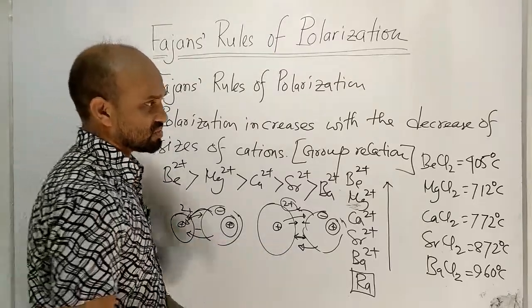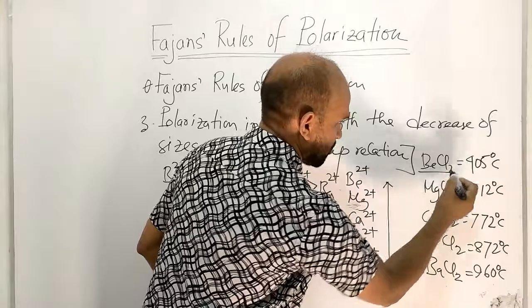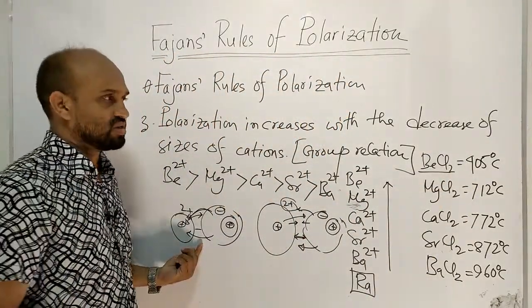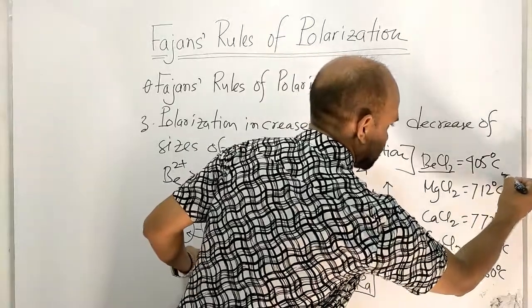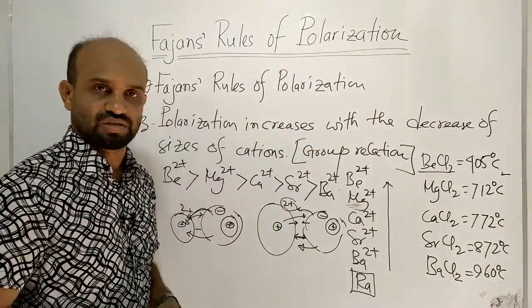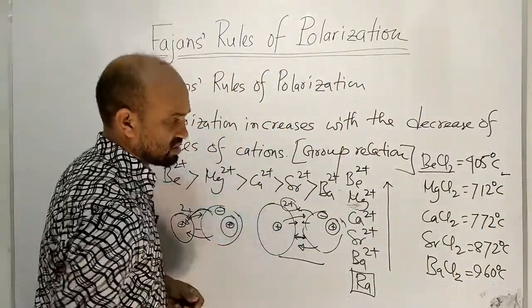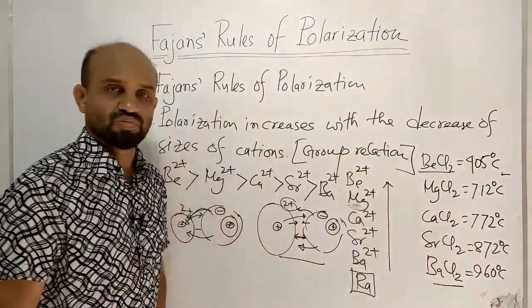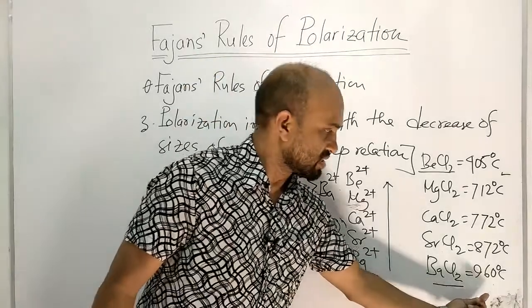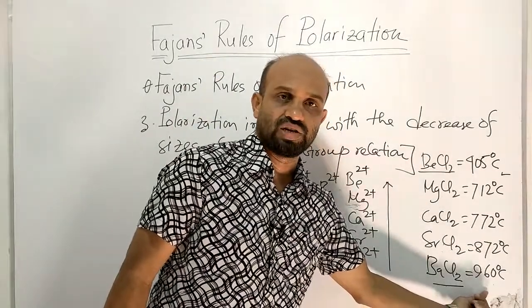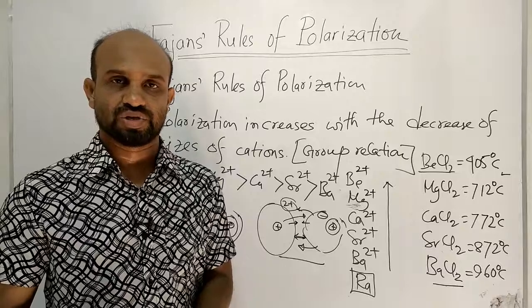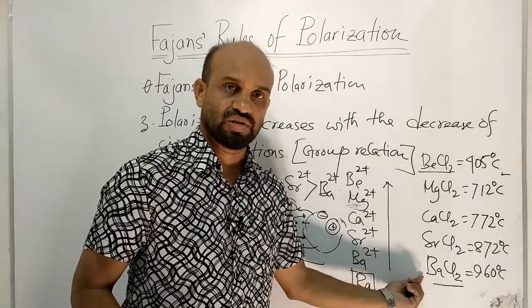Now let's see. Barium chloride, more polarization, more covalent in nature, less melting point, 405 degrees Celsius. In this case, less polarization, more ionic, and that is why high melting point, that means 960 degrees Celsius is its melting point.